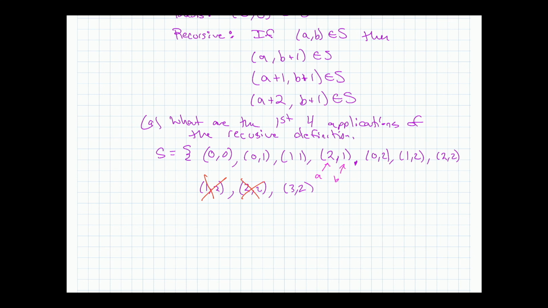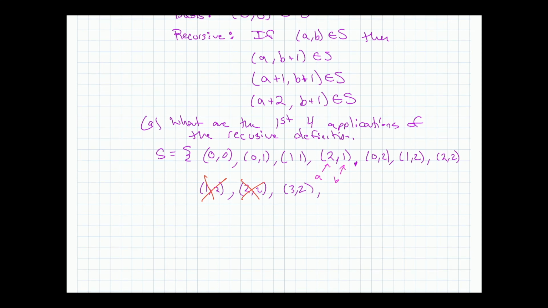All right. Last one, (2, 1). Let's apply the rules. So (A, B+1) is going to be (2, 2). Again, we do not need that, it's already written. (A+1, B+1) is going to be (3, 2), which again we don't need, it's already written.